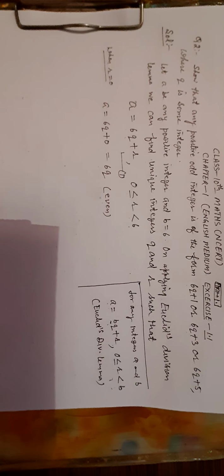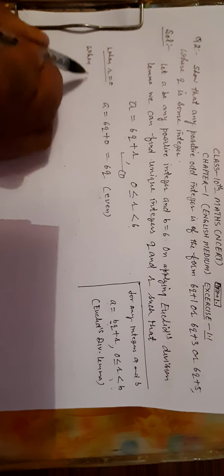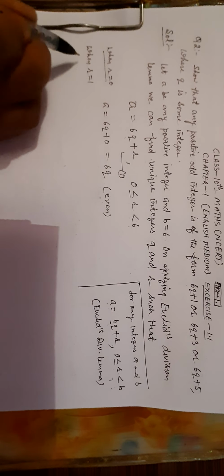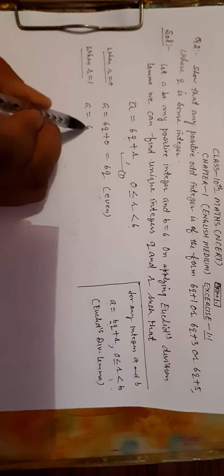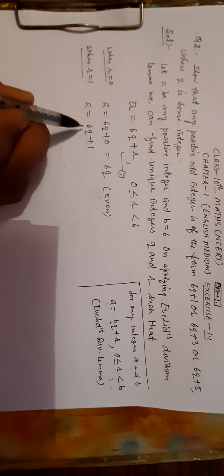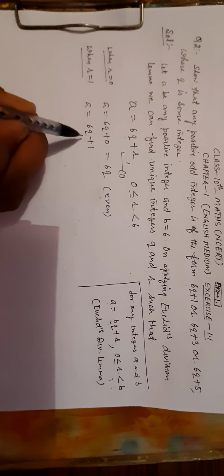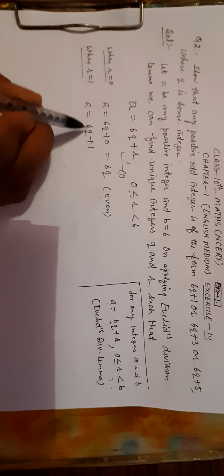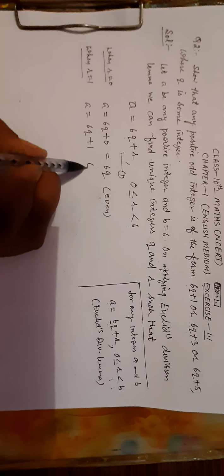Right? Now in the second case, when r equals 1, put r equals 1: a is equal to 6q plus 1. Now this whole number is not divisible by 2. We cannot take 2 common out of this full number 6q plus 1, so this number is clearly odd.